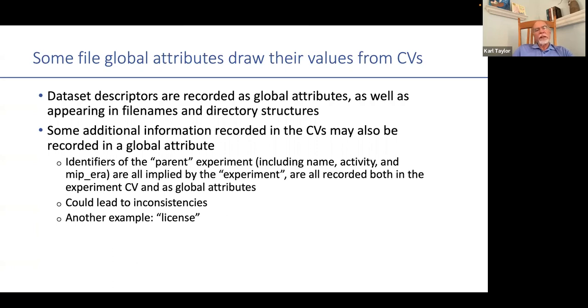If you put control there, then there would be a mismatch between the actual parent experiment name and what you've recorded. This can lead to inconsistencies between what you've put into your file and what is in the controlled vocabulary. And we'd like to be able to correct that. And I'll talk about that a little more in a minute.